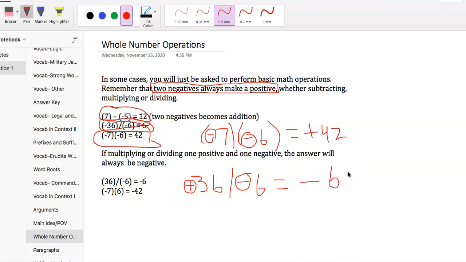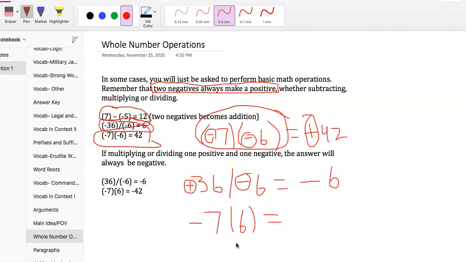Multiplying, we're looking at the same thing, using the same numbers. Up here, negative 7 times negative 6 equaled positive 42 because we had those two negatives. Now in this example, we've got negative 7 times 6.